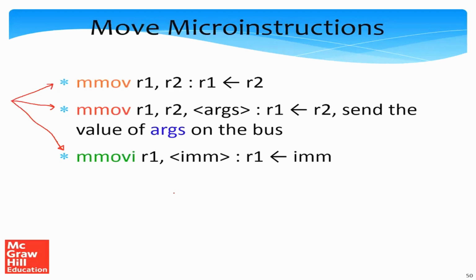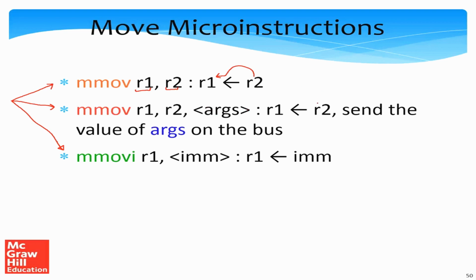So M move is slightly different. In M move, given two registers R1 and R2, it simply takes the contents of R2 and puts it in R1. We have another variant of M move where it additionally takes a few bits called the arguments.